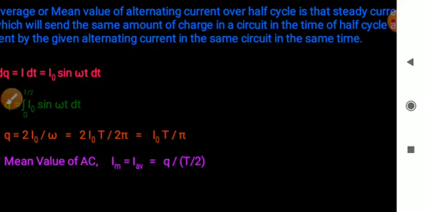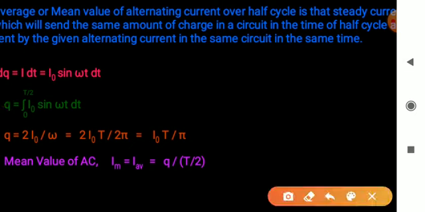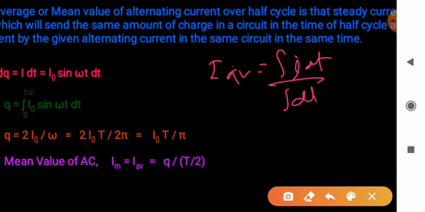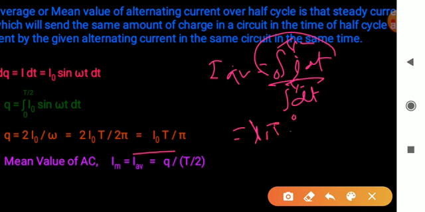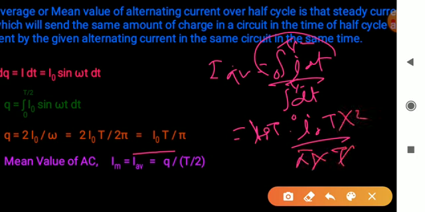So the mean value is given by: the mean or average value of the current is given by the integration of I dt upon the integration of dt. Okay, so the integration of dt from 0 to T by 2, and the integration of I over the same limits. So the value of this is I naught T upon pi divided by T by 2. T and 2 cancel.